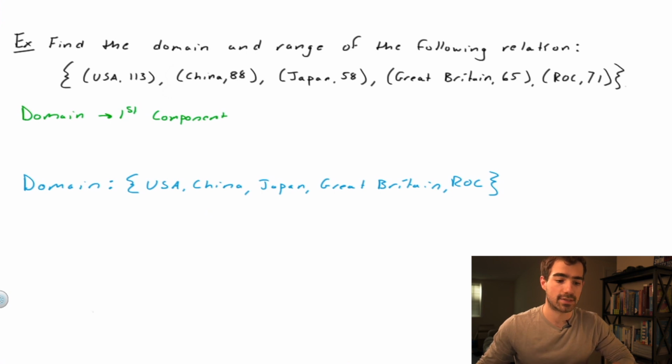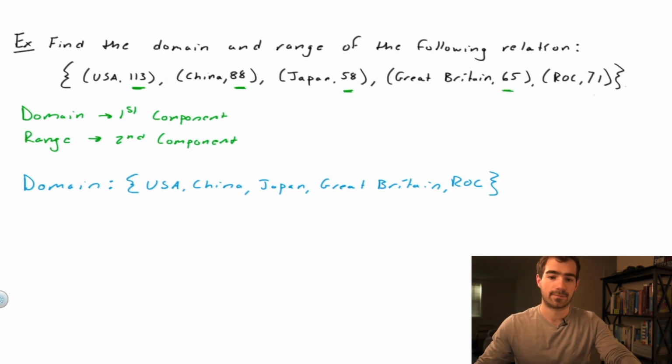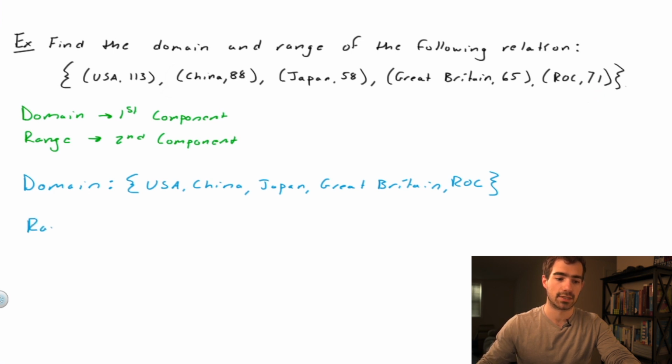Now the range, similarly, we know from what we just learned is going to be the set of all second components. And so what we're looking at here is the 113, the 88, the 58, the 65, and the 71. And so all of those together as a set represent the range. And so we can write our solution here.